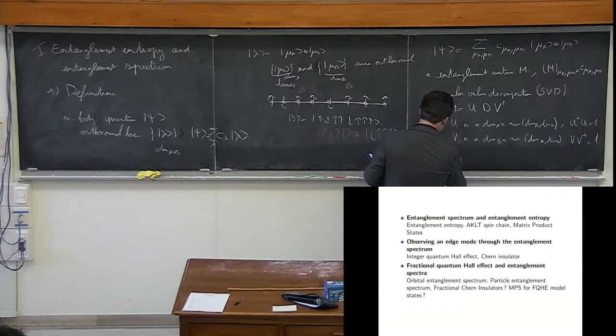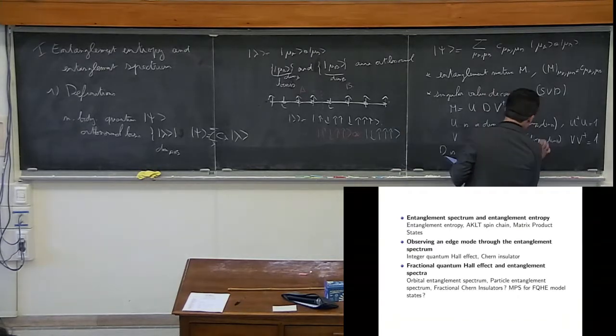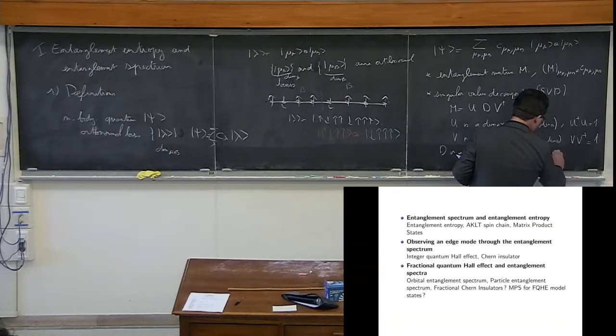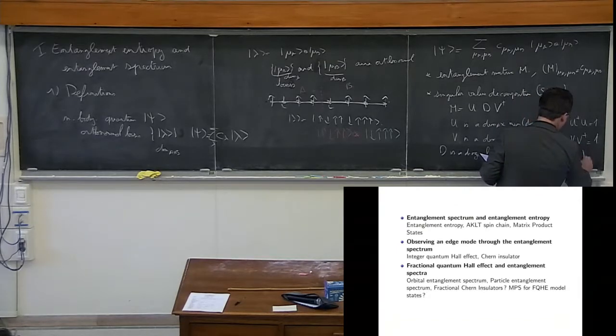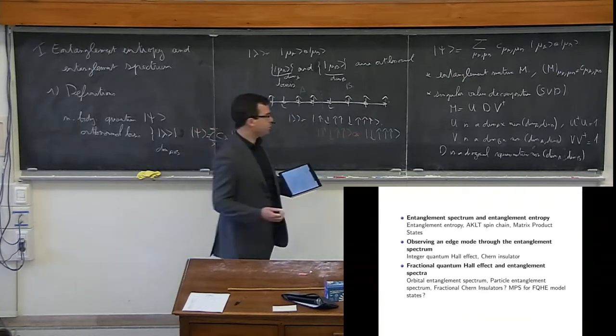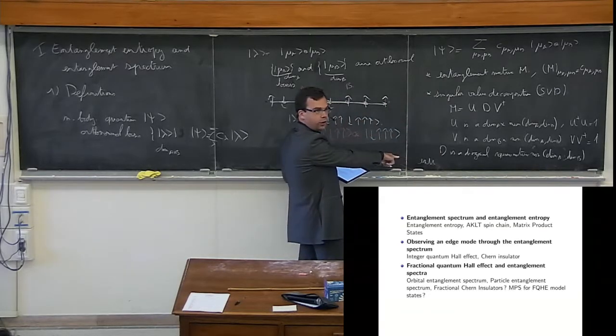And D is a diagonal square matrix, which has a dimension min of dim A, dim B, and all the entries of D are positive numbers. So you can write them as, can you see what I write here, or should I write somewhere else?